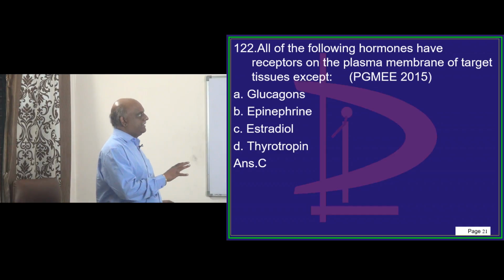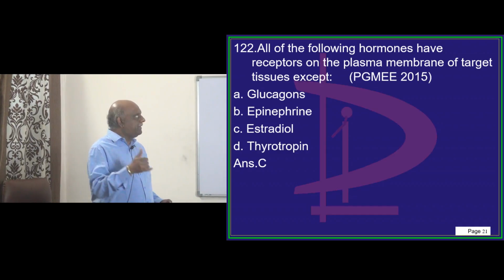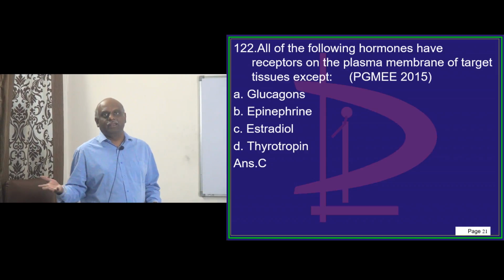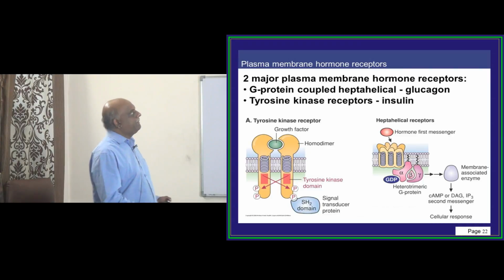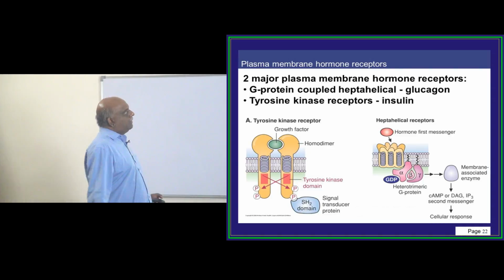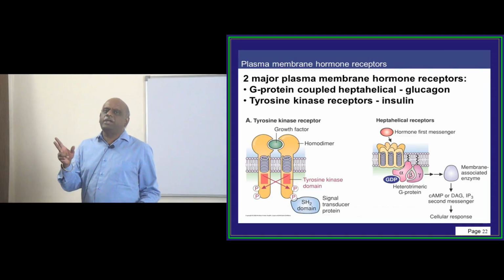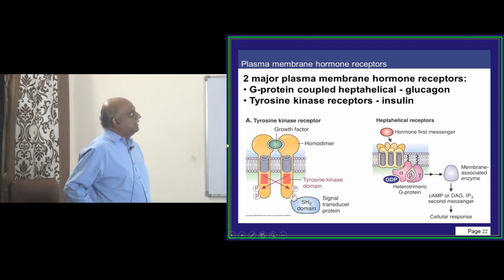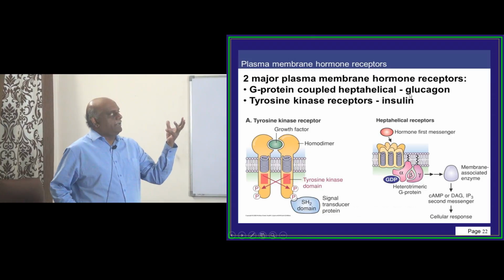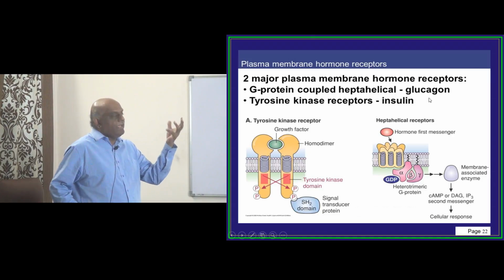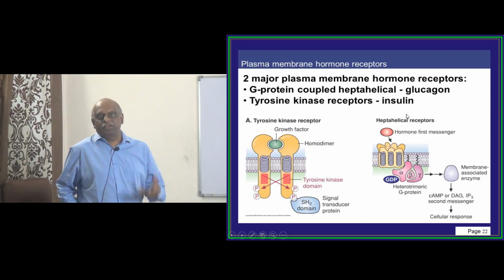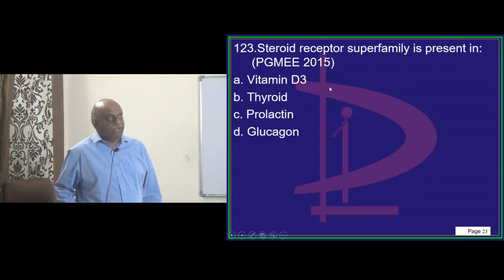So, that is the reason estradiol is the exception, but epinephrine, glucagon, thyrotropin, they all basically act on the plasma membrane is what you have to ultimately remember. So, there are two major plasma membrane hormone receptors, G protein coupled heptahelical receptor which is glucagon, tyrosine kinase receptor is insulin is what you have to ultimately remember.